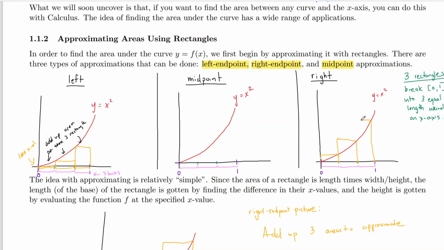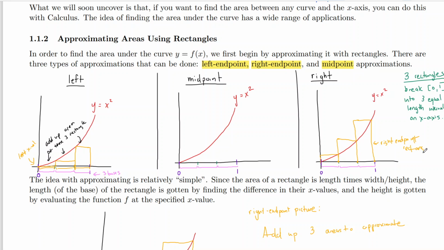And then we go to the left until we get to the starting x value for this final rectangle, which would be where this one ended right here. And then we can draw this straight up to attach it. But these would be the right x values and the right endpoint rectangles.